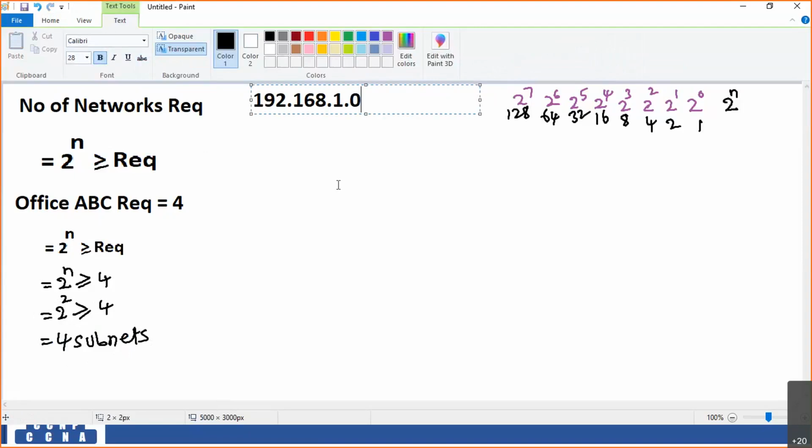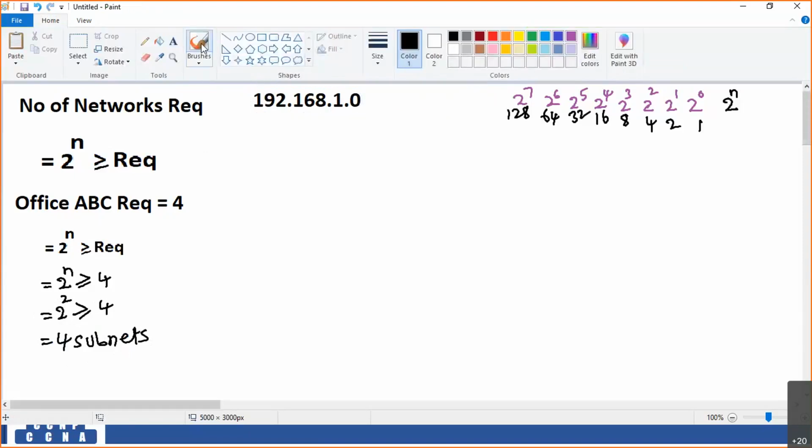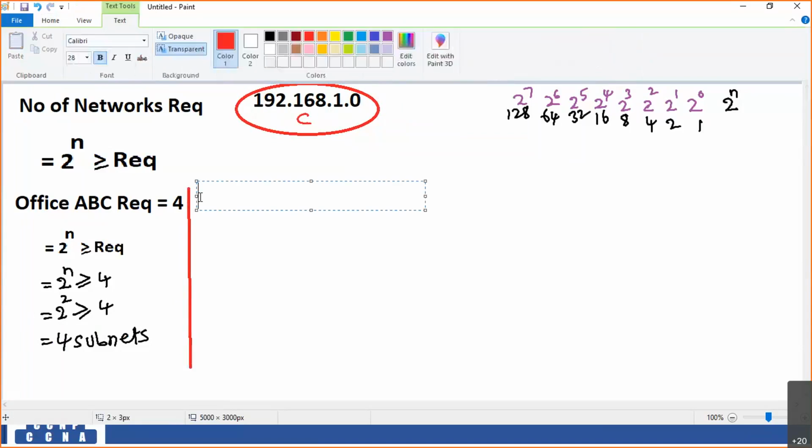Now the base network we have used is 192.168.1.0, right? It's a Class C network. What is the default subnet mask of this IP address? 255.255.255.0.